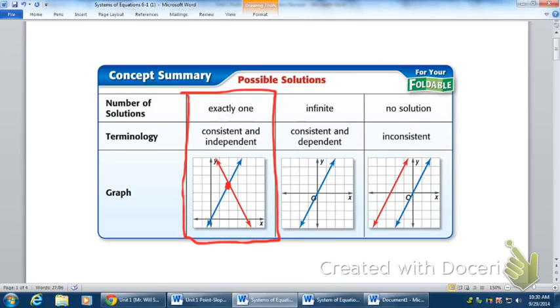Then independent, I try to remember that as independent as it intersects at one spot. I know it's not very helpful. We'll try to make some kind of rap or something to remember that. If you have some kind of funny way of writing up a song or singing a song, you can do that.